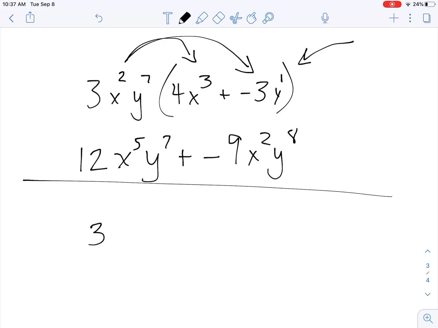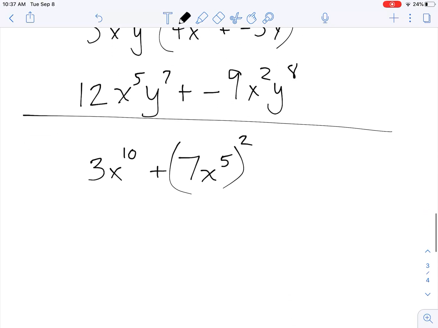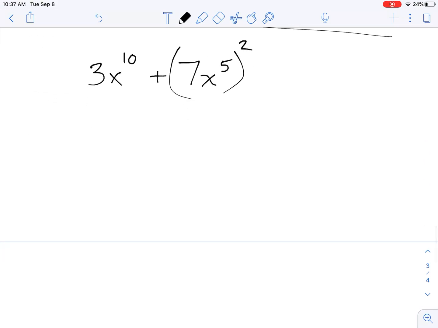Now let's try this problem. So I'm really going to have to differentiate between whether I'm adding or multiplying or powerizing. So let's focus on the 7x to the 5th squared. If you want to write that out, that might help you out.